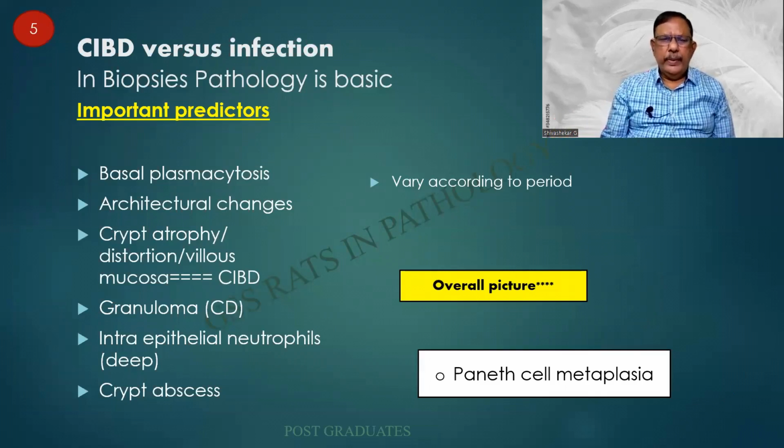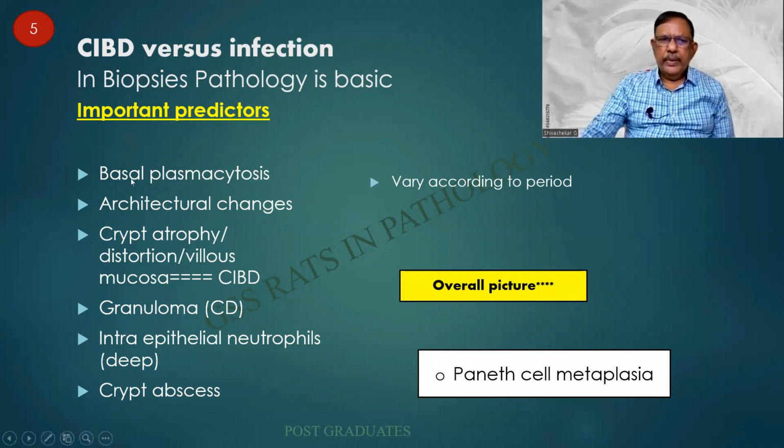Coming to the difference between a chronic inflammatory bowel disease and infection. Though in biopsies they say pathology is basic, you find that there are certain predictors, or precedents, which should be borne in mind when we give a diagnosis of chronic inflammatory bowel disease.